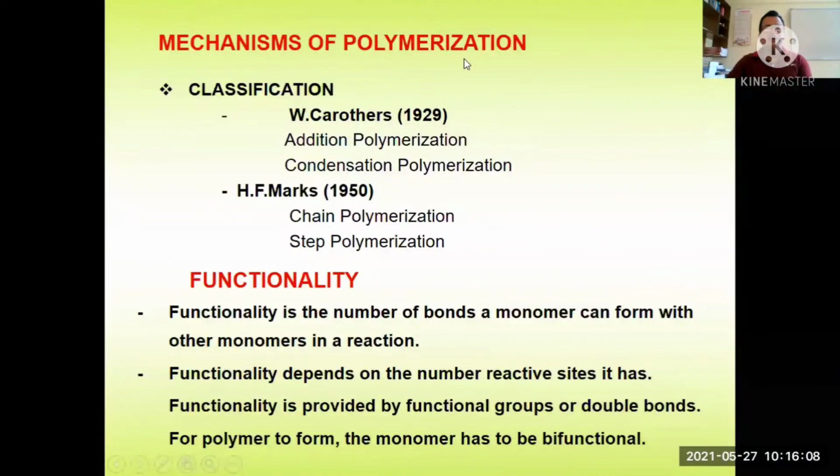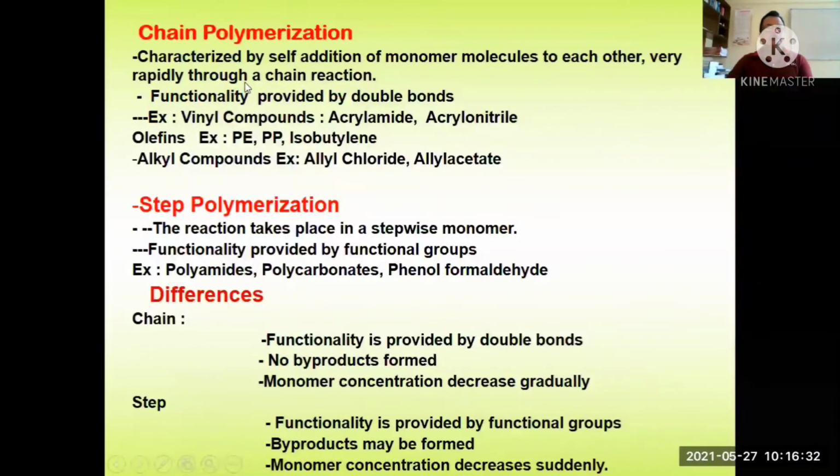Now, mechanism of polymerization classification. Carothers in 1929 called them addition polymerization and condensation polymerization. And later on, H.F. Mark in 1950 called addition polymerization chain polymerization and condensation polymerization step polymerization. So this is chain polymerization. The functionality is provided by double bond.